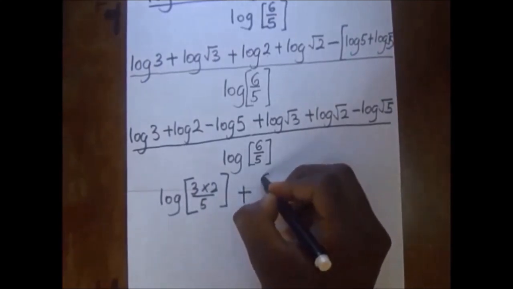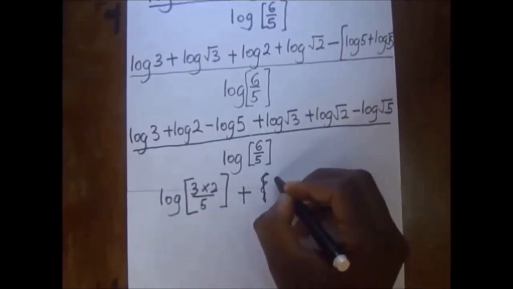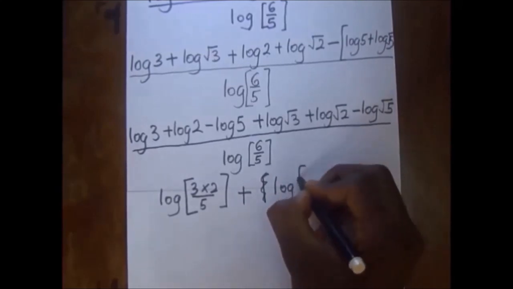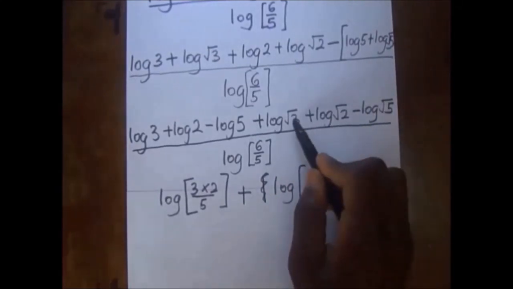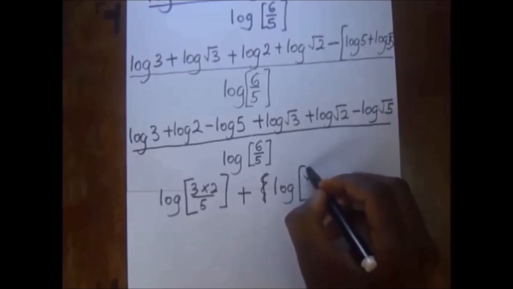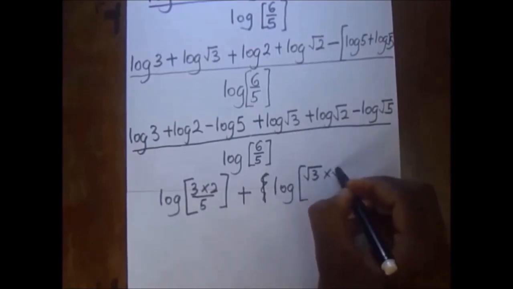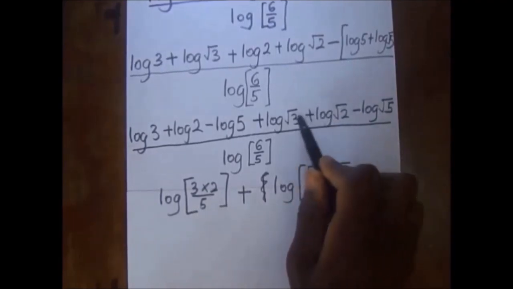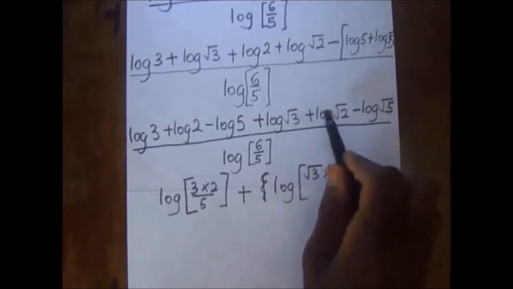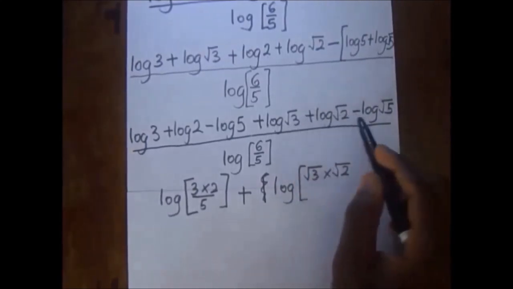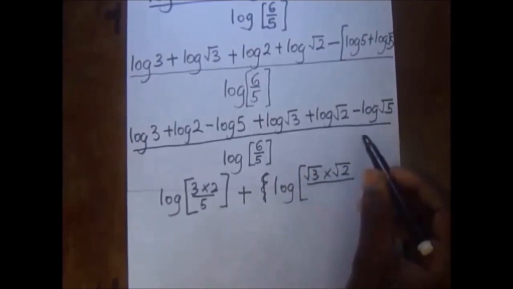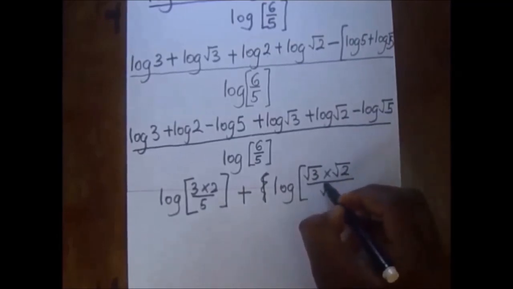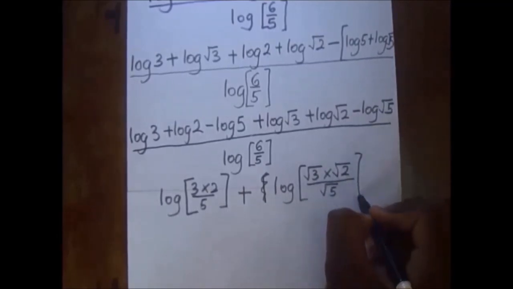We shall add that to the log in brackets, that is root 3 times root 2. Why do we multiply? Because this is addition of logs. So from our law of logarithms, we multiply the numbers, and since it's minus log root 5, it's going to be divided by root 5.